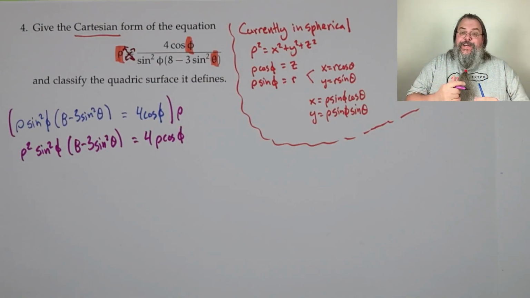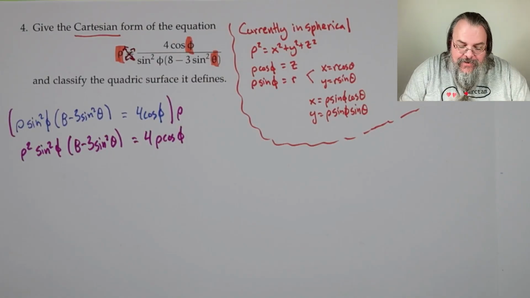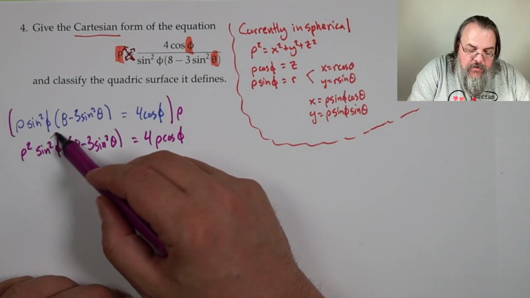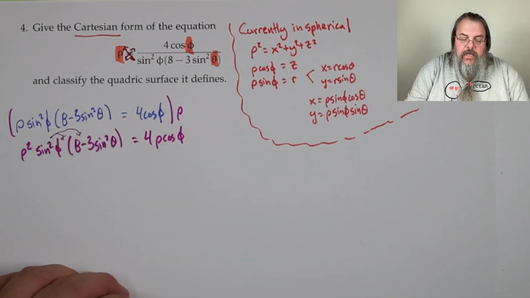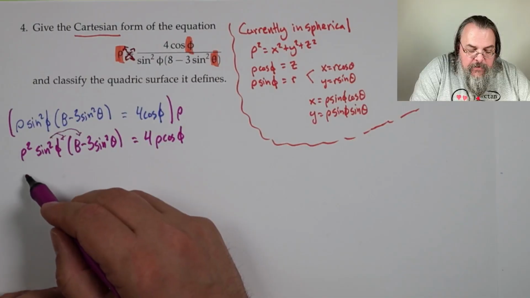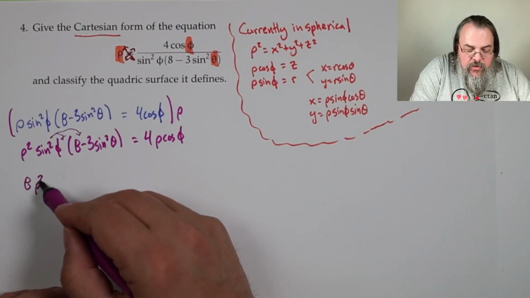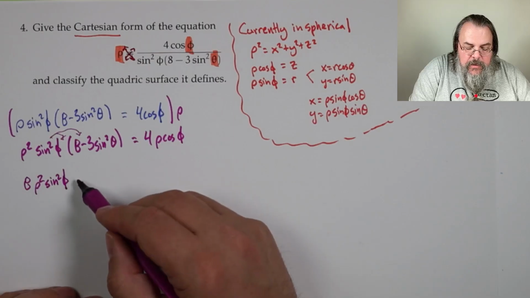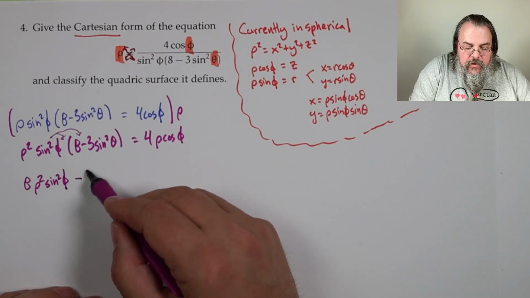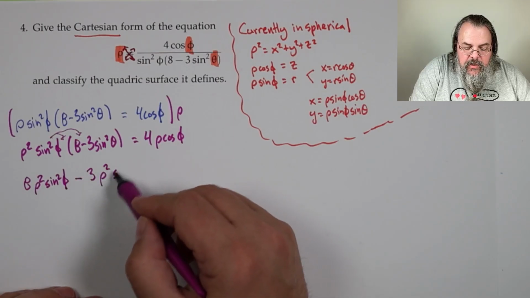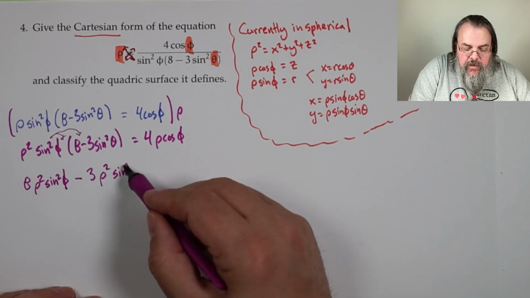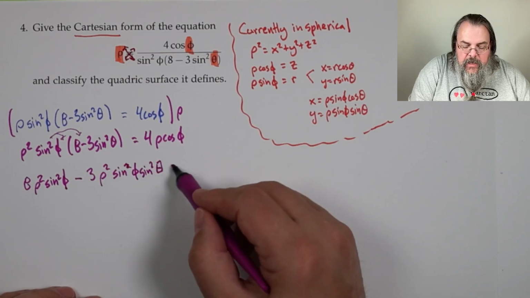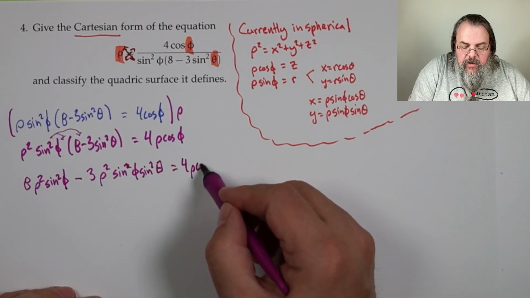We see rho cosine phi. That's good. On this side, well, let's do a little bit of distributing here. So we have 8 rho squared sine squared phi minus 3 rho squared sine squared phi sine squared theta equals 4 rho cosine phi.